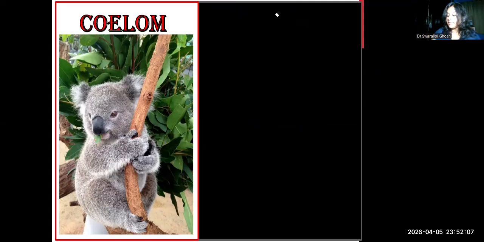We will say that the coelom is a body cavity which is lined by mesoderm. And next, we will definitely say that the coelom is a cavity which is present between the body wall and the gut wall. Okay, done. So we have to remember these two.